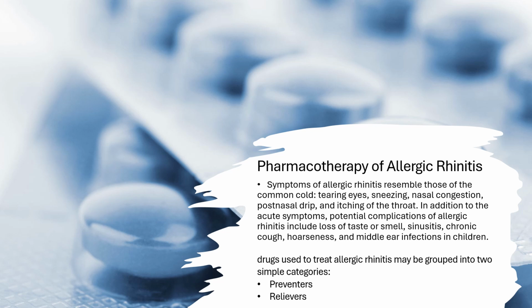Relievers are used to provide immediate, though temporary, relief for acute allergy symptoms once they have occurred. Relievers include the oral and intranasal decongestants, usually drugs from the sympathomimetic class.